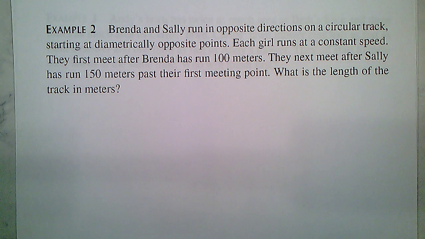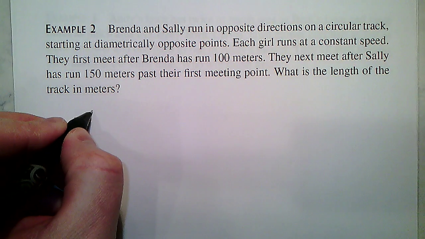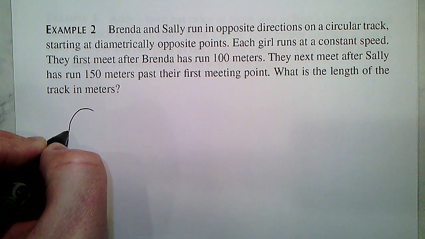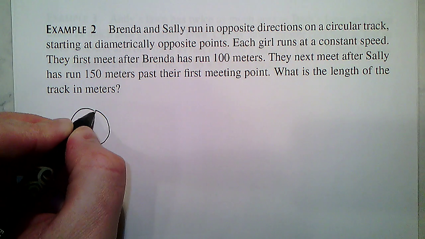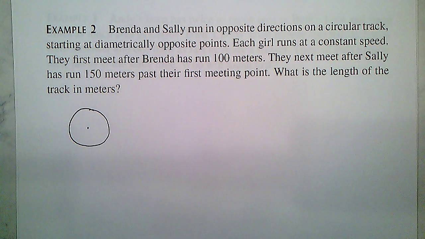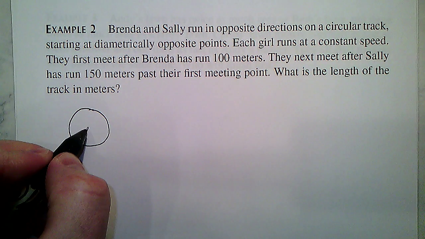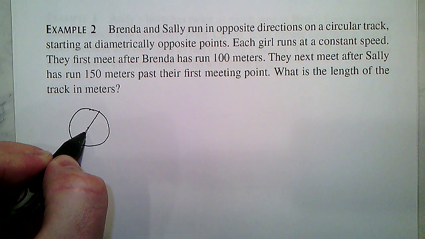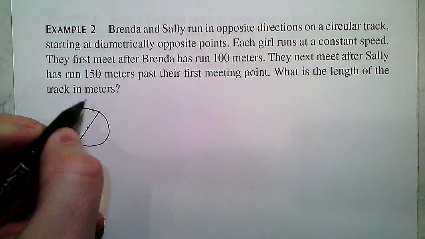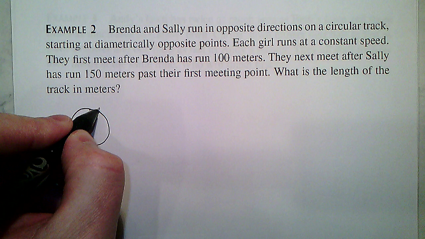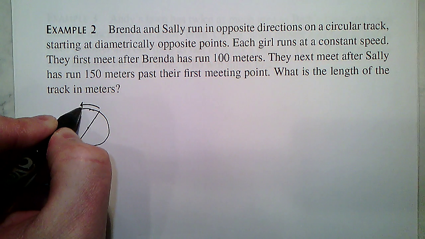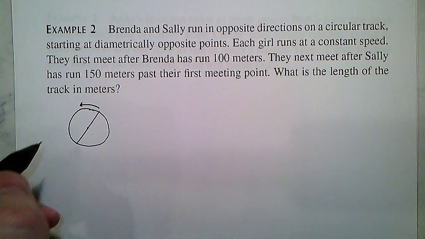All right. So I like to draw a picture for something like this. So let me see. It's a circular track. So there's my attempt at drawing a circle. They're diametrically opposite. So I don't know, it doesn't really matter. I'm going to say that here's the direction that Brenda is traveling.